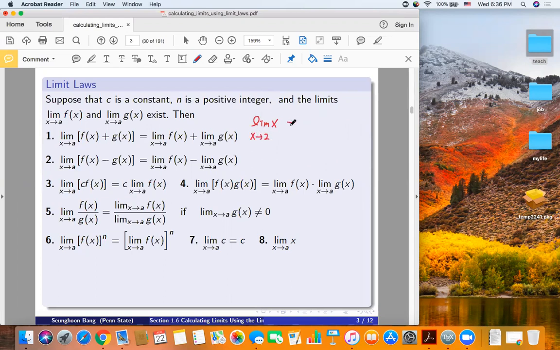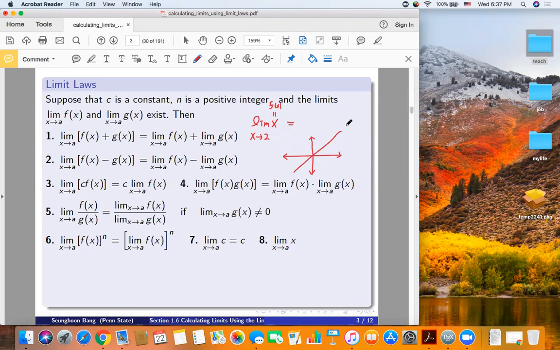What is the answer? Do you know the answer? Could you write your answer? The answer is 2. Similarly, you can draw y equals x. Here x is not a constant. So this function, x is f of x. You can draw f of x equals x as this graph.